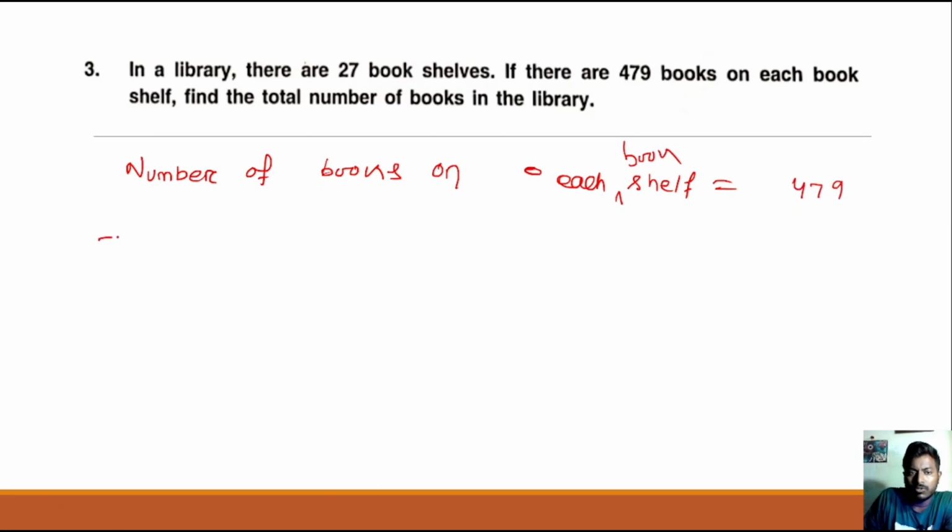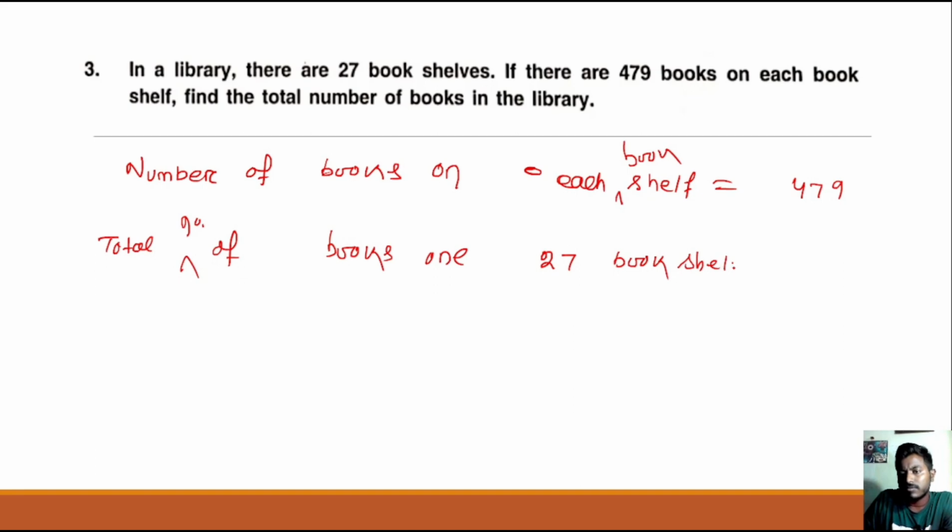Now write down the total number of books on 27 bookshelves is equal to 479 into 27.